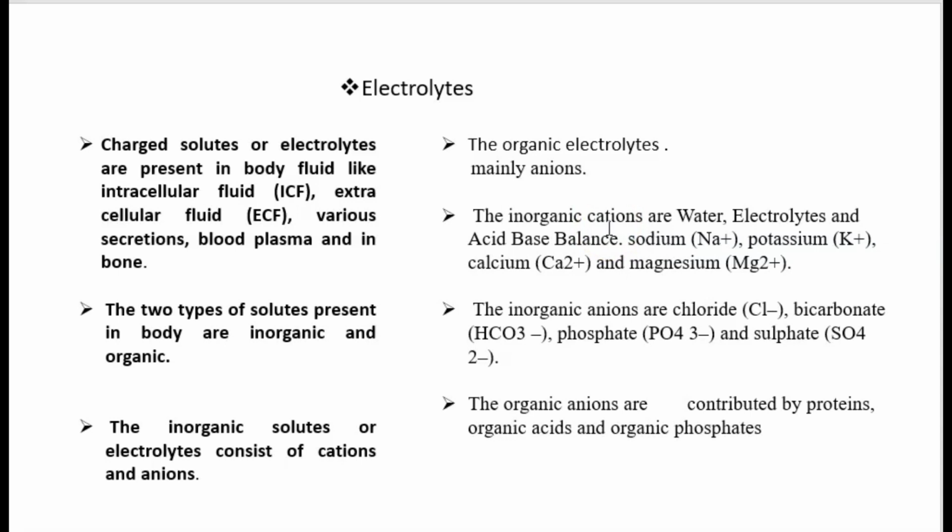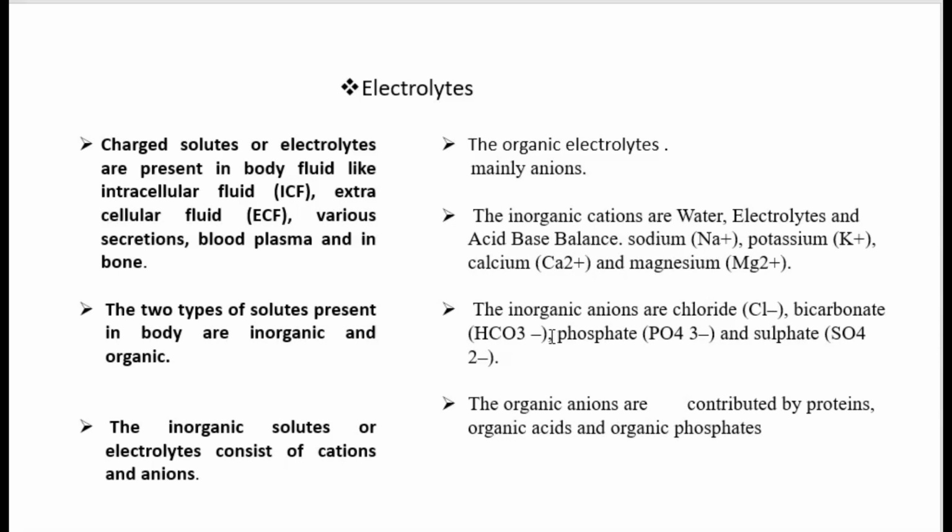The inorganic cations that are present in intracellular fluid are sodium, potassium, calcium, and magnesium, while the inorganic anions that are present in the intracellular fluid are chlorine, hydrogen carbonate, phosphate, and sulfate.